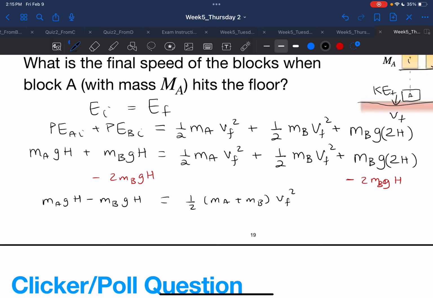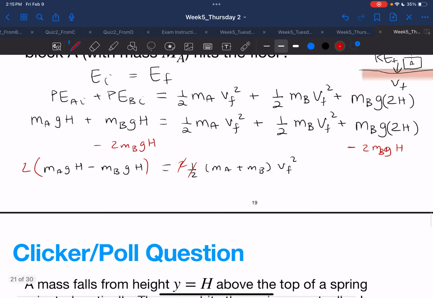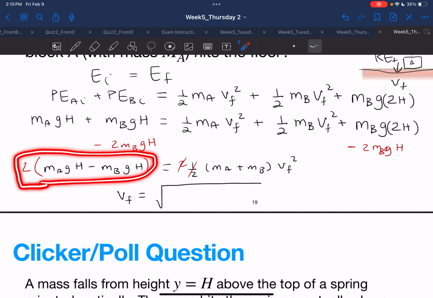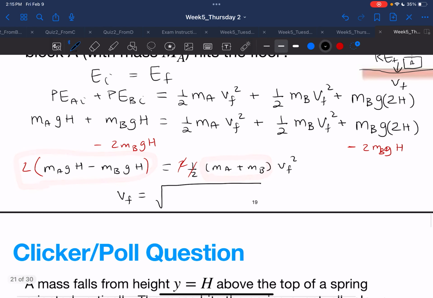And then I'll multiply both sides by 2, so cancel the half, multiply by 2. So getting V final by itself is the square root of, this is our numerator, divided by this factor as our denominator. So 2 g h (mA minus mB) divided by (mA plus mB).